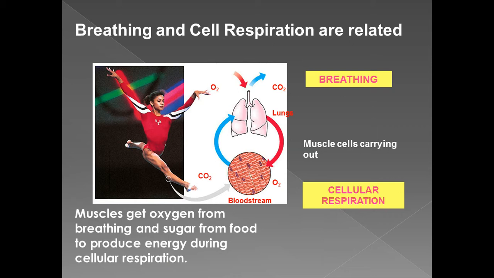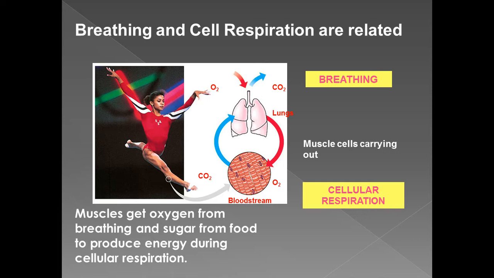Before we get into the chemistry of cellular respiration, though, realize that breathing and respiration are related. Breathing is where your body and the body of other organisms take in oxygen into the lungs. That oxygen gets carried through the bloodstream to things like your muscle cells.